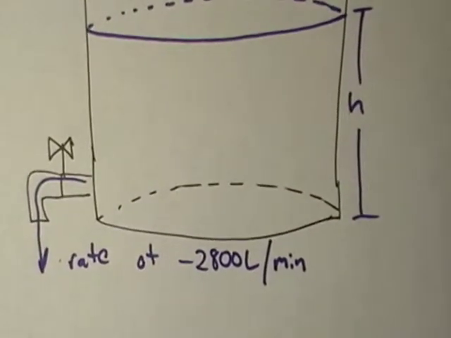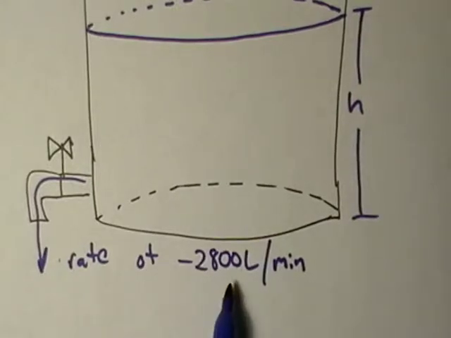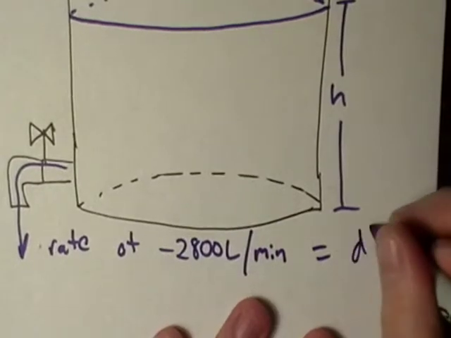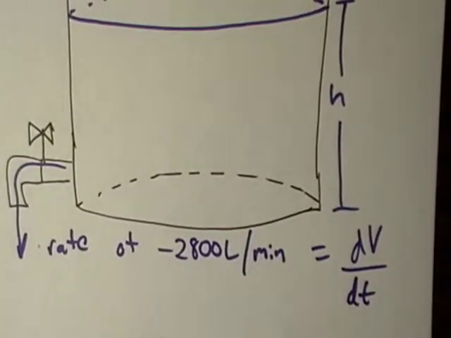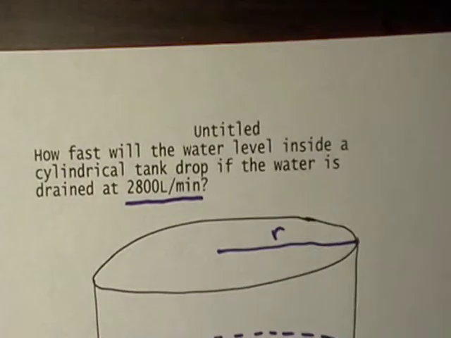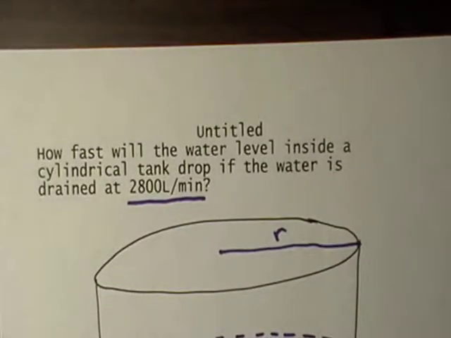So that is the rate at which the volume changes over time. So we can actually call that the derivative of volume with respect to time. Okay, so that was basically given to us right here, that the water is drained at 2,800 liters per minute. So that's the rate at which volume changes over time.